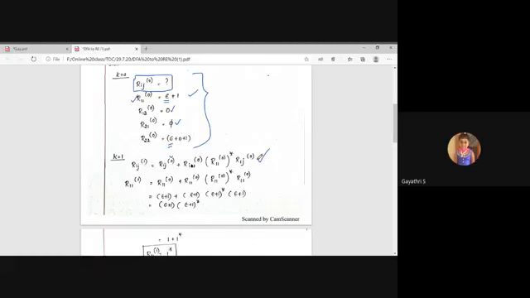Next, how many transitions are possible? Again, I have to calculate R11 of 1, R12 of 1, R21 of 1, R22 of 1. So I have to calculate all of these. Let me start with R11 of 1. Coming to the formula, I have applied the values for i and j.